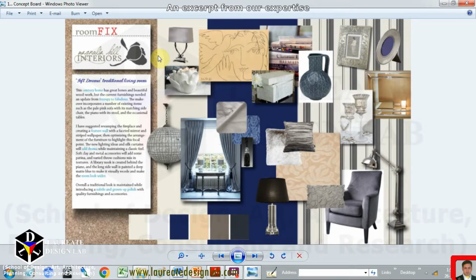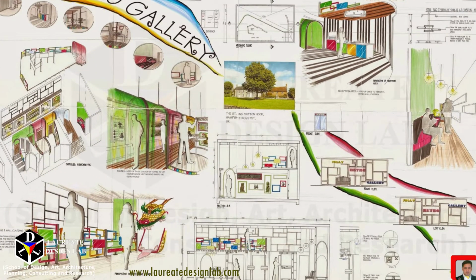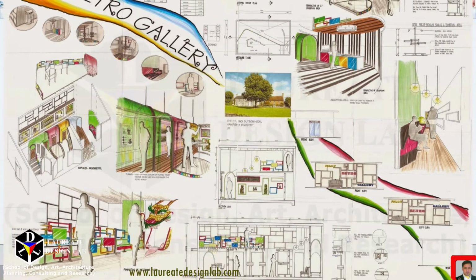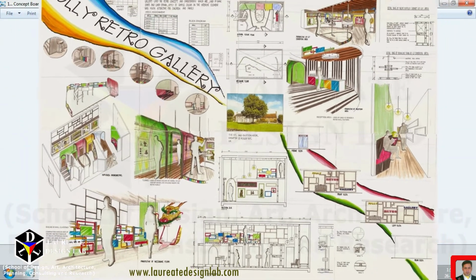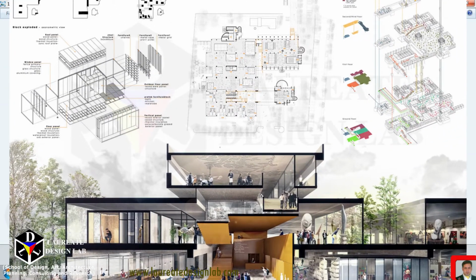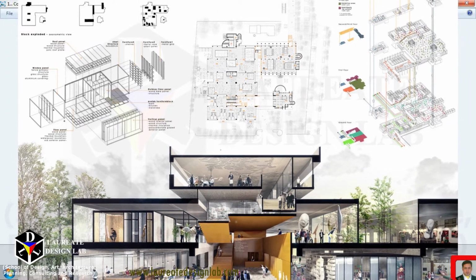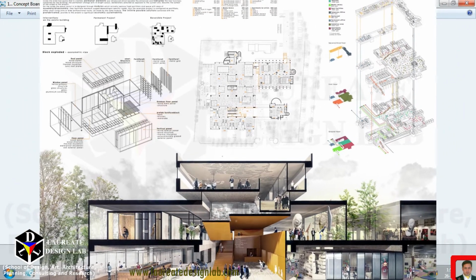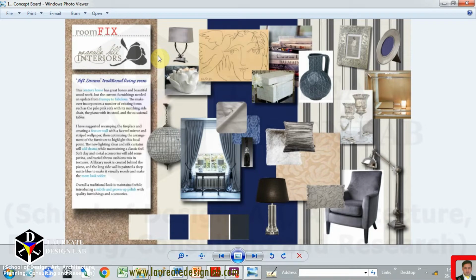Concept board means idea board. Obviously, to create something you must have some preconceived notion or idea. If you don't have that, how would you start your work? That's why the first thing is to think about what style, what color, what texture, what feel of the space you want.